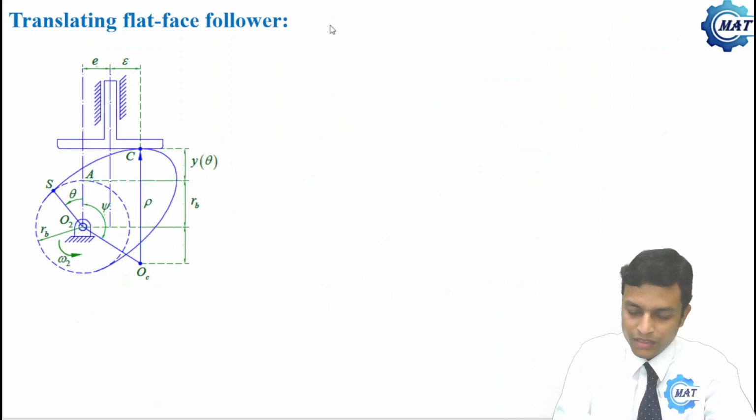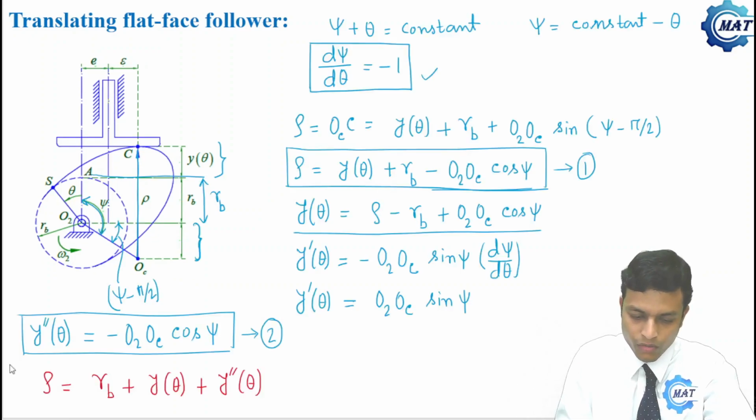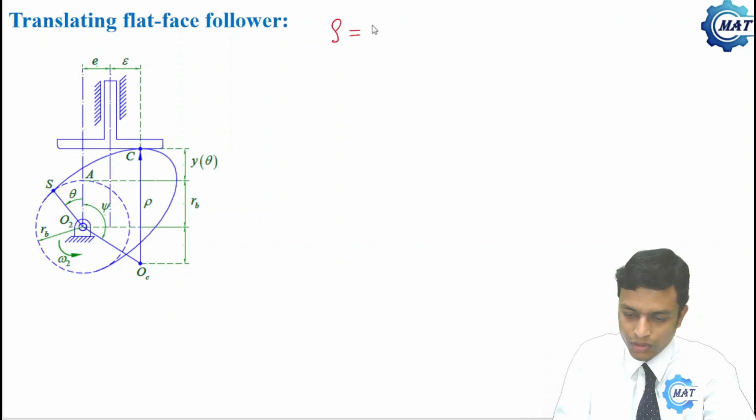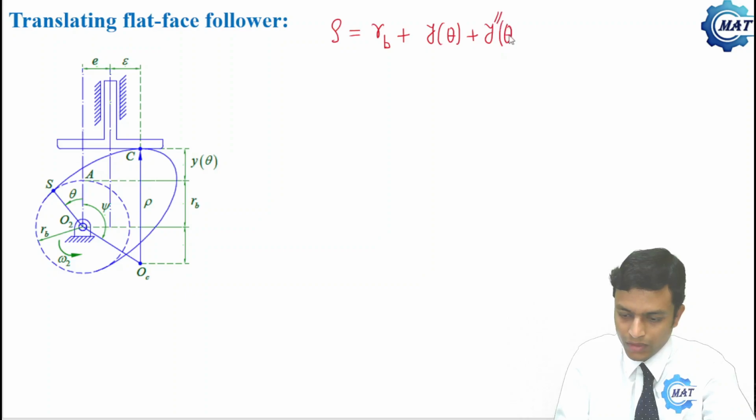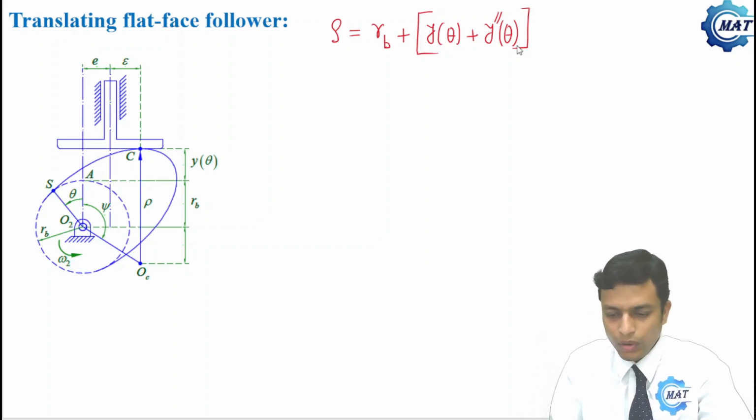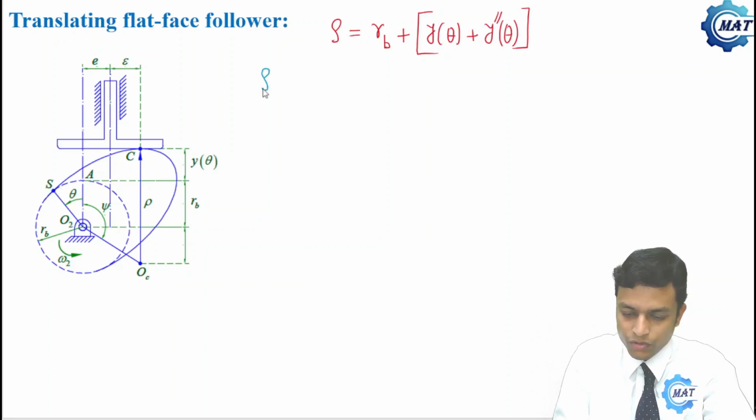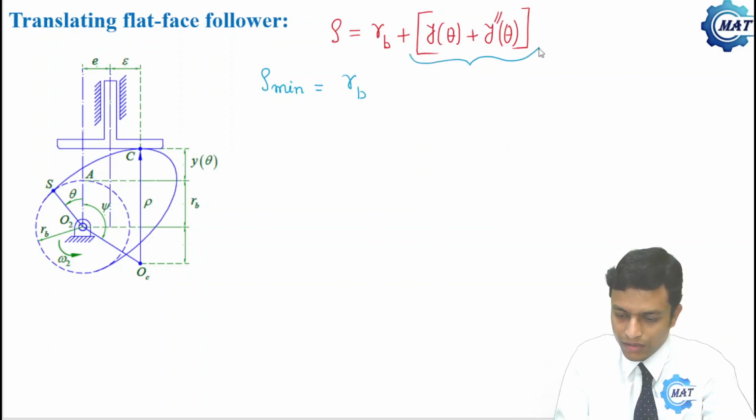Now let us come to this page. Expression of rho is RB plus y of theta plus y double prime theta. Now value of rho depends on this function, that is rho will be minimum when this quantity, y of theta plus y double prime theta, is minimum.